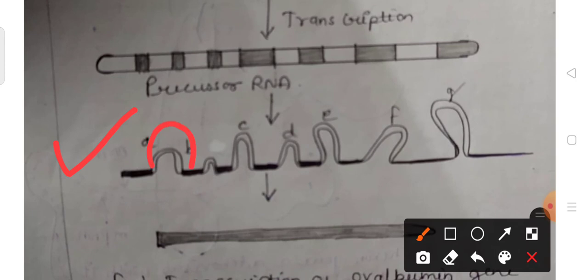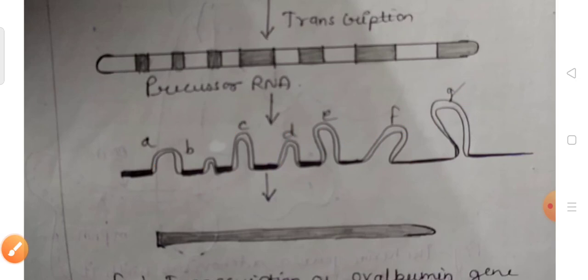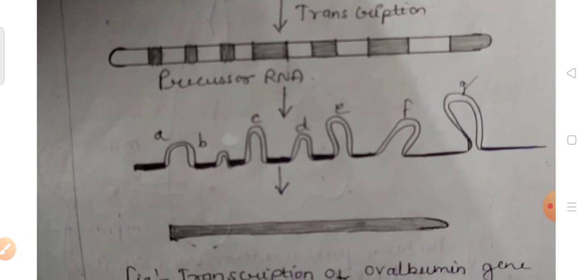So these are the loops A, B, C, D, E, F, G. These are the 7 loops of the 7 introns, and all the loops are removed by splicing. The precursor mRNA is modified, and what you get here is the mature mRNA.